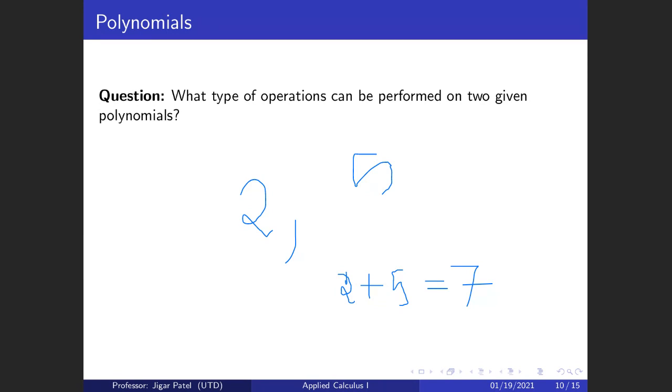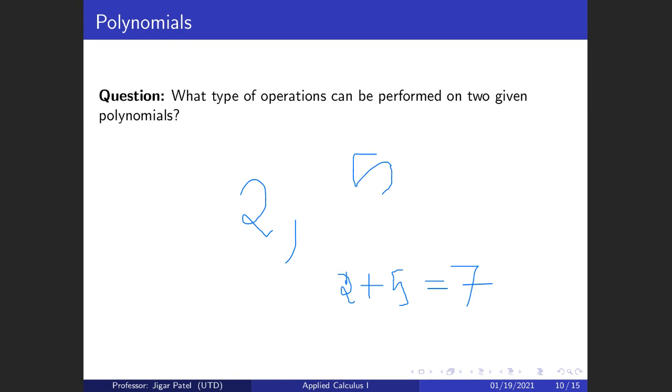If you multiply them, 2 times 5, 10, brand new number. If you divide them, 2 over 5 or 5 over 2, brand new rational number. So if you apply these basic operations on numbers, the final outcome is going to be a brand new number.